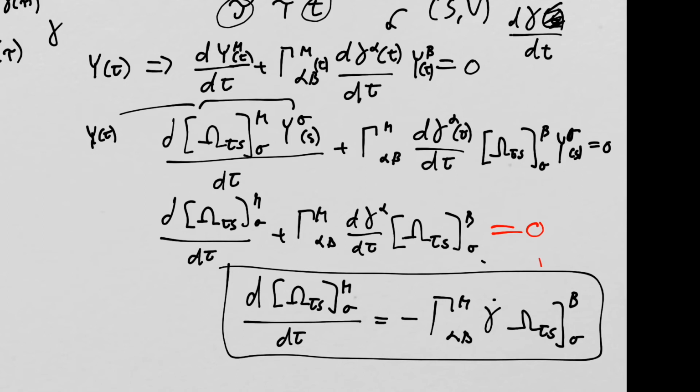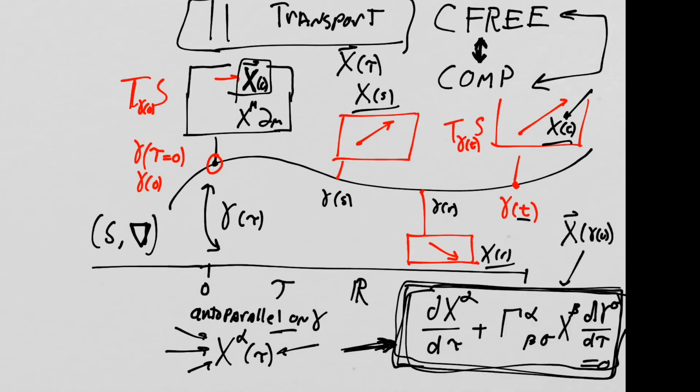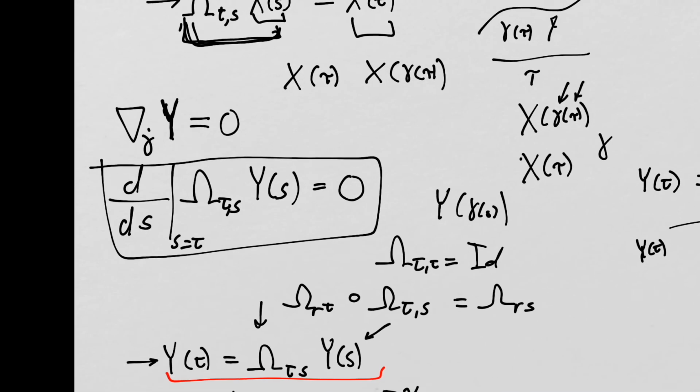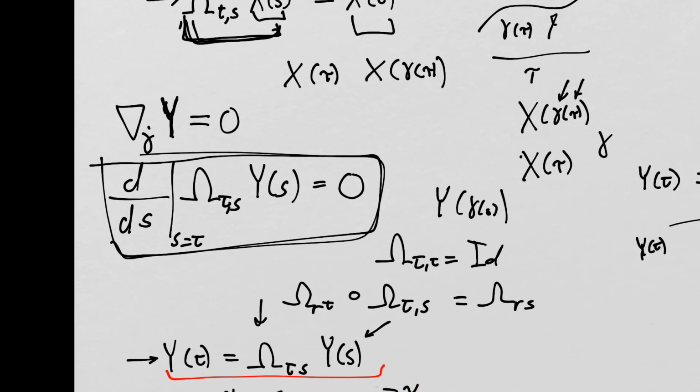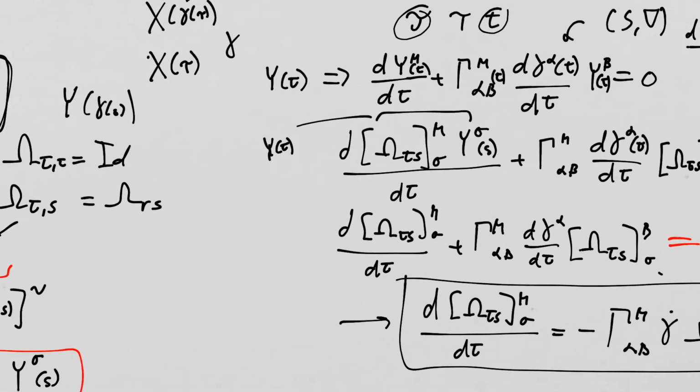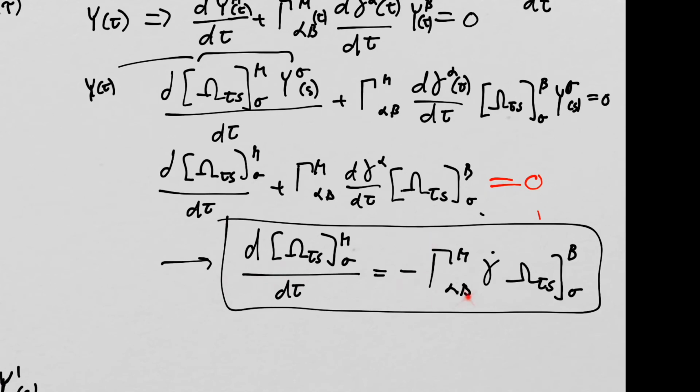So anyway, this expression is already beginning to look like what we want to show, right? I already have something that expresses a derivative with respect to one of these subscripted variables in terms of the object itself, the connection coefficients, and the derivative of the curve.